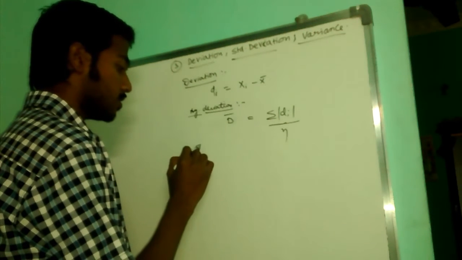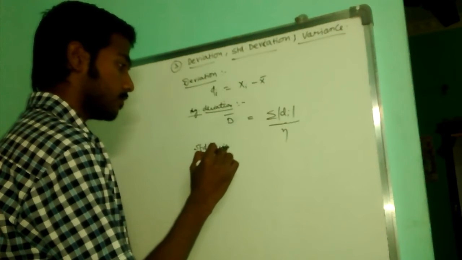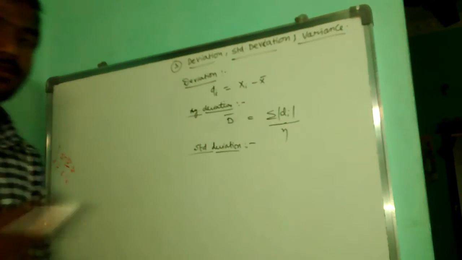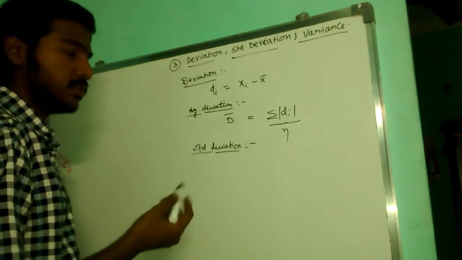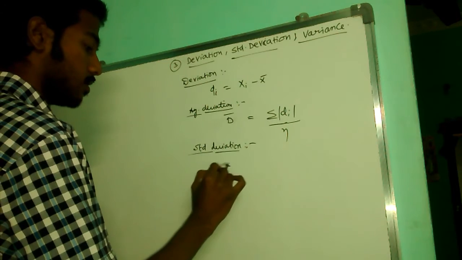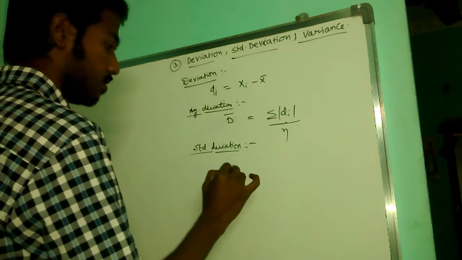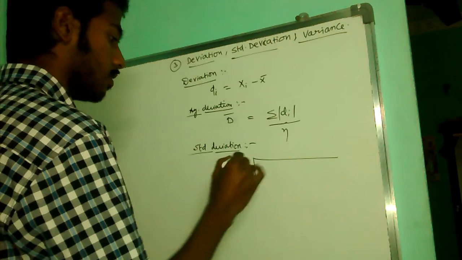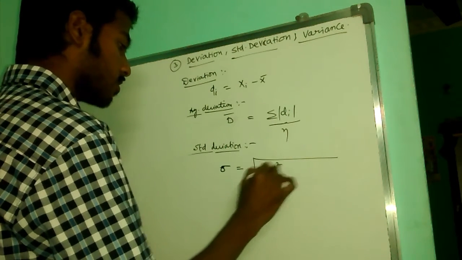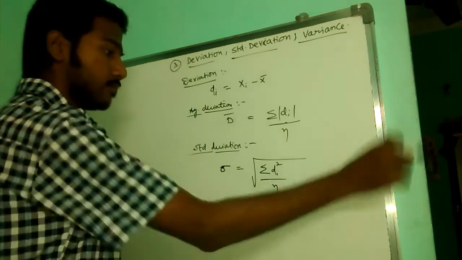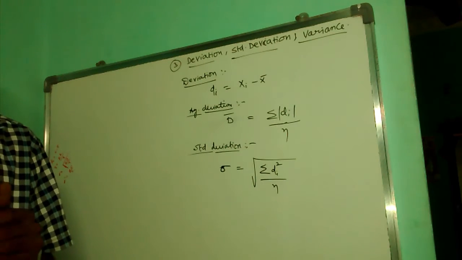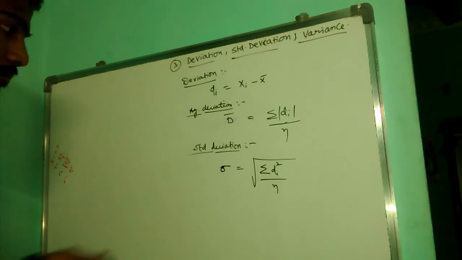Next is standard deviation. Standard deviation is given by sigma equal to the summation of all the deviations squared, divided by n.